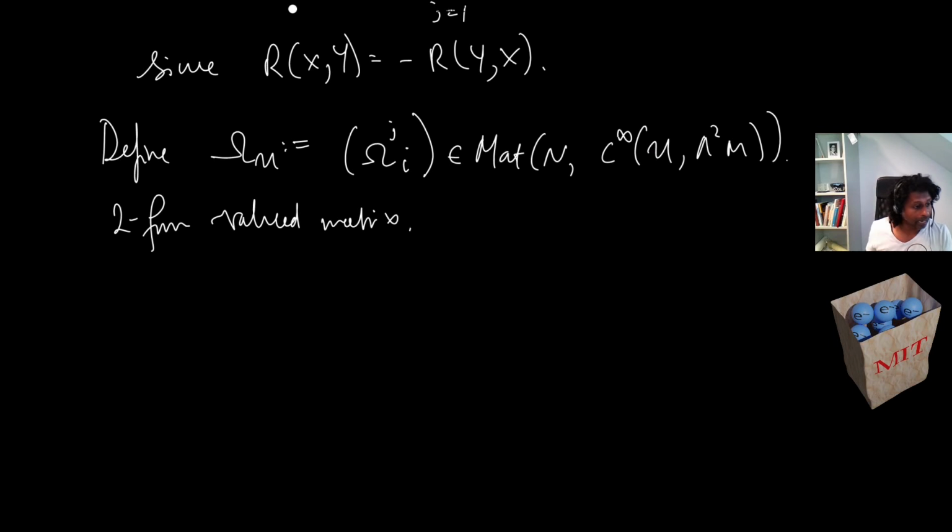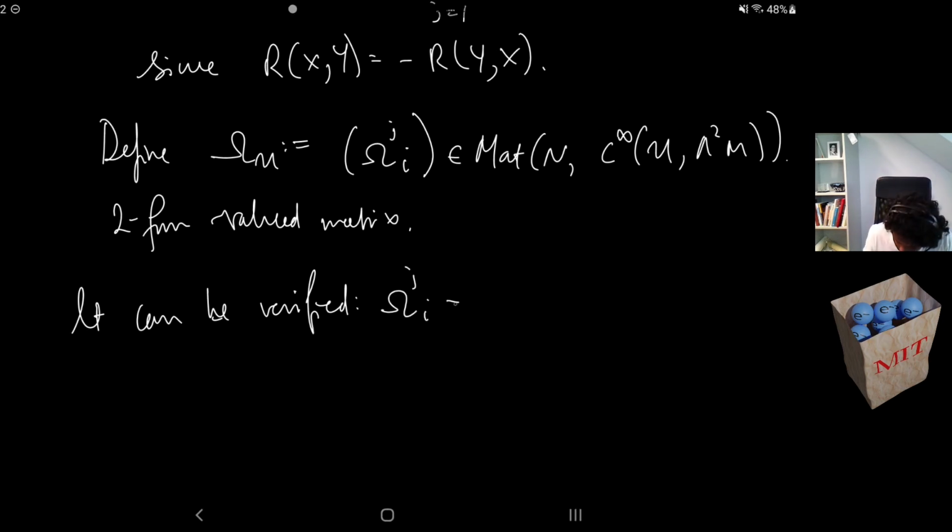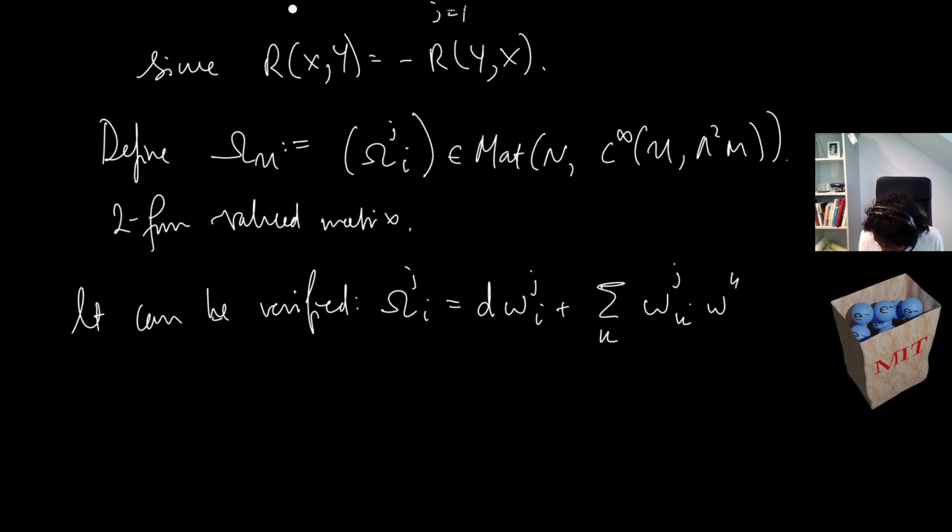So actually, one can easily verify that Ω^j_i is equal to d, the exterior derivative acting on ω^j_i, plus now the sum over say k of ω^j_k wedge ω^k_i.